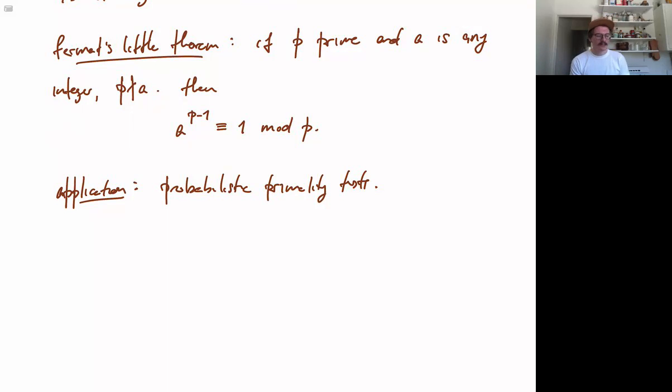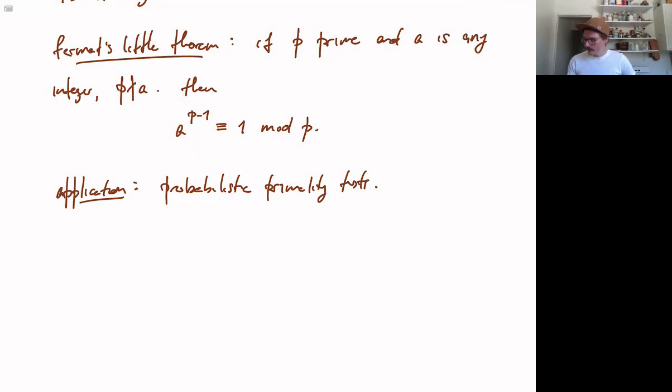The problem with these is that they're extremely slow at determining if a number is prime or not. It takes a very, very long time. An alternative is these probabilistic primality tests, which don't tell you for sure if a number is prime, but they will tell you that it is quite probably prime, and they will do it much, much faster.